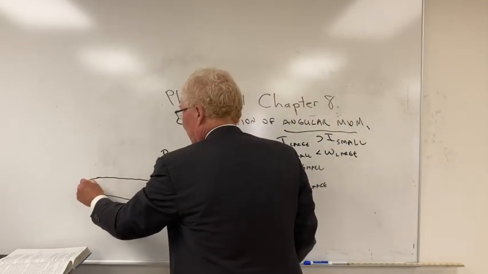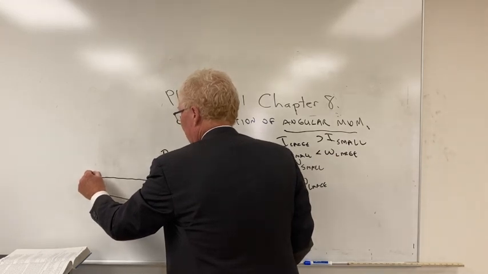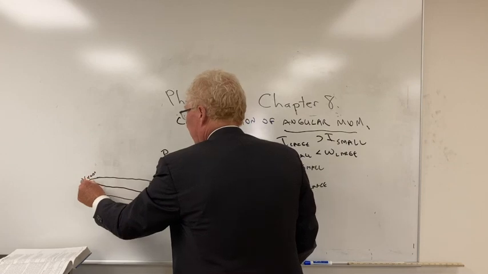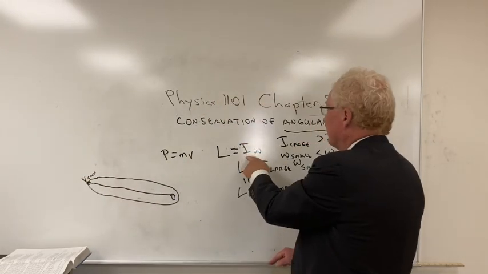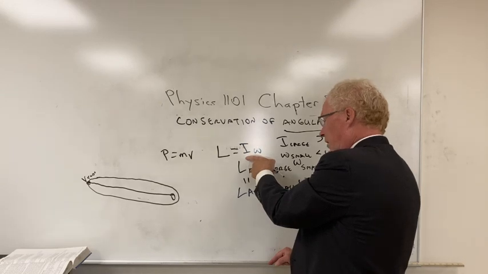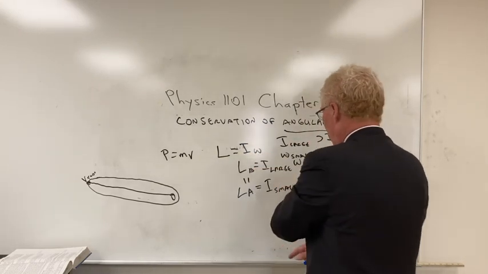When it's out here, its speed is slow because this distance r is large and its moment of inertia is very large. To compensate for that, it will have a smaller omega.